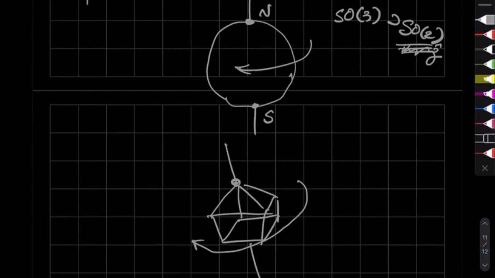Yes, sir. So that's another example of a fixed point, under a discrete group action. Of course, this discrete group is a subgroup of SO3, but it's a discrete group nonetheless. Okay, so that's a fixed point.